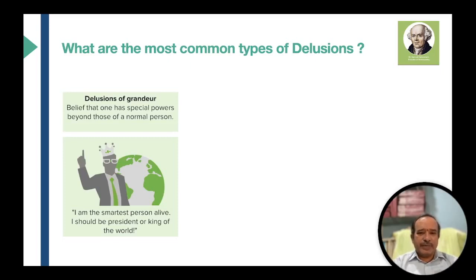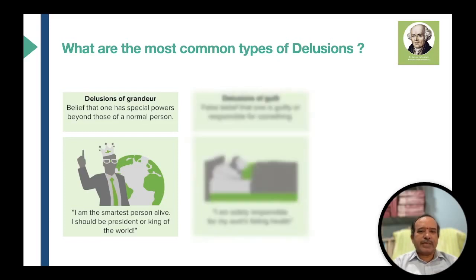They believe that one has special powers beyond those of a normal person. They think I know everything, I am the great person, I have great intellect. Everyone is very less to me. They show a superiority complex. This type of people come into the type of delusions that is grandeur.